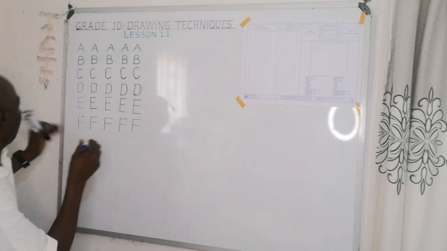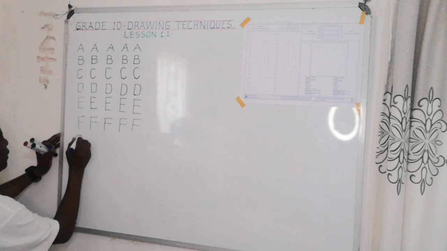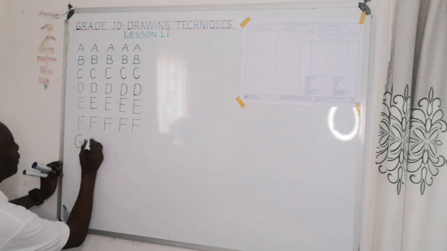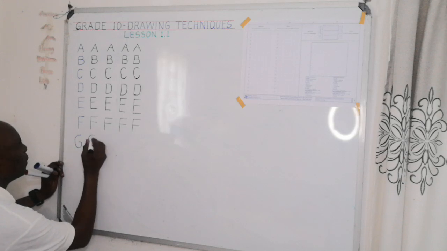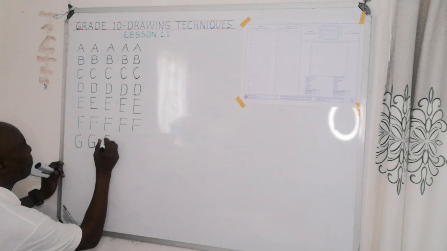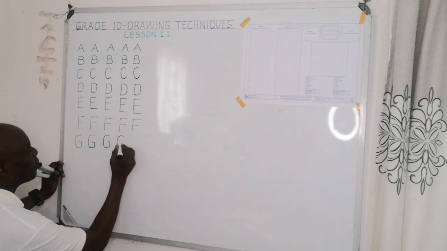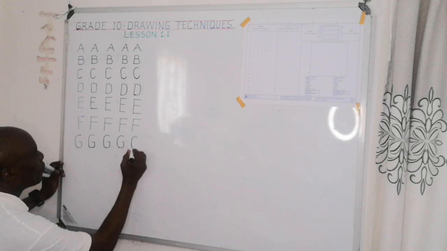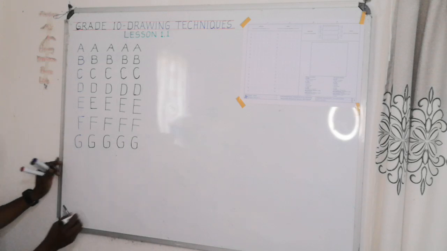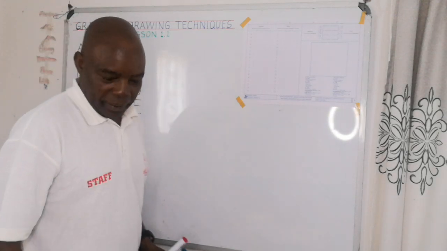And then G. That's our G there, even though they are not that perfect because of the slippery whiteboard.